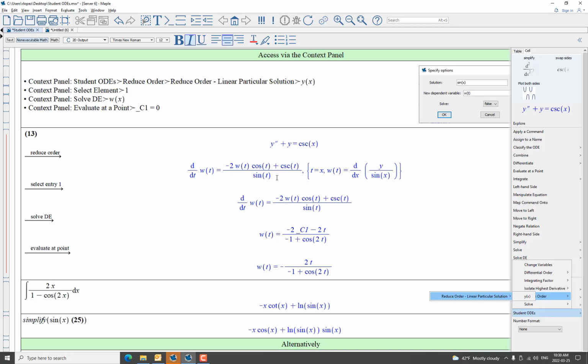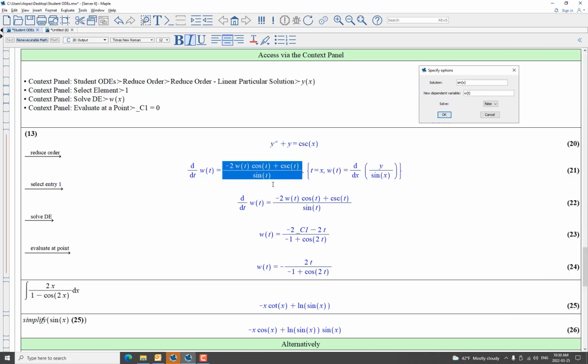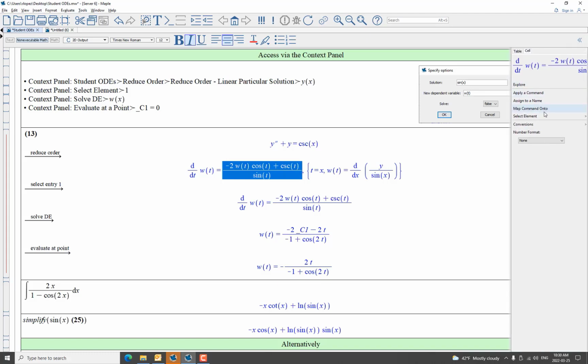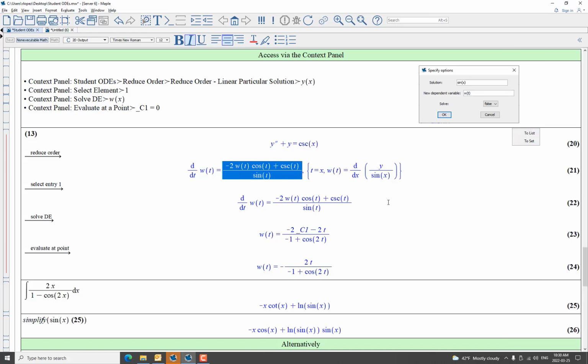So here is the differential equation. Now you need to pick this off. So you use, in the context panel, select element, and you take the first one, pick number 1. Okay, you got the differential equation. Then you can solve this, just get the solution.